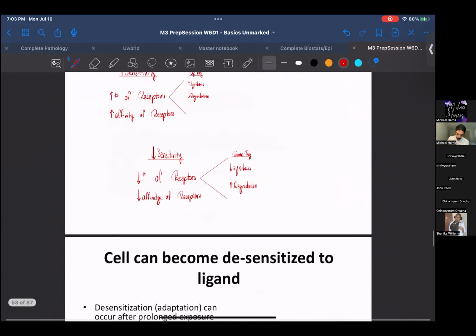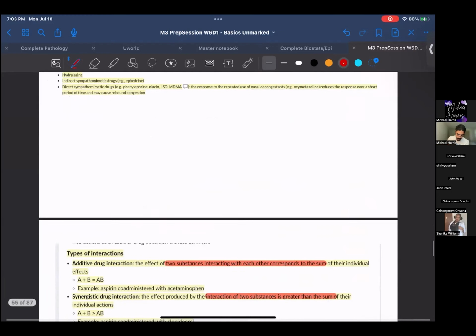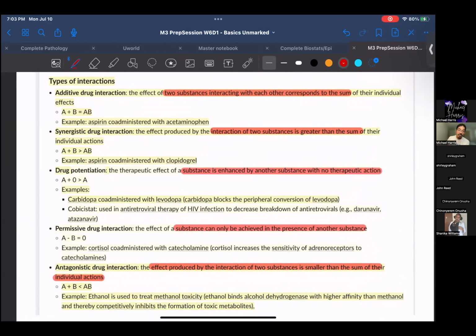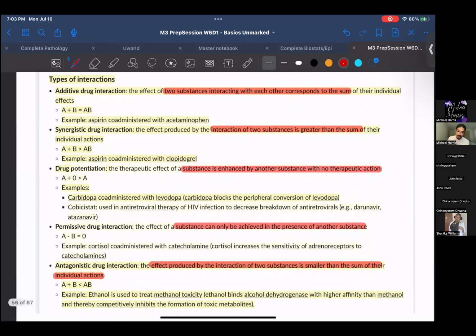Now, that same thing that we just talked about are the different types of drug interactions. You can have synergistic drug interactions, which is what you just examined with A and C. You added them together and you had a bigger response than what you originally had with A or C by itself.